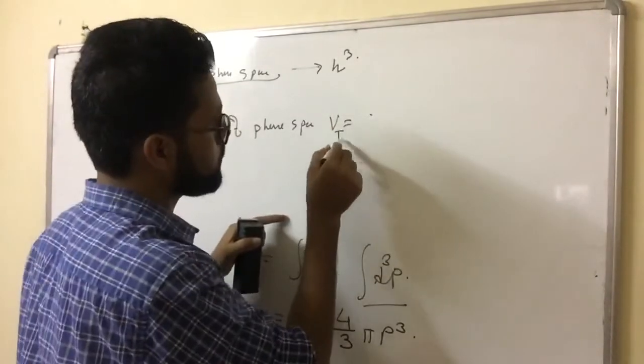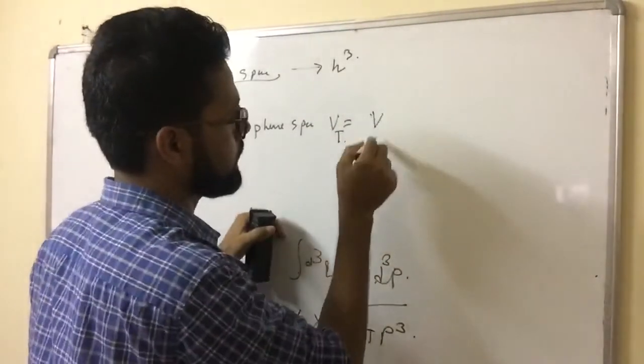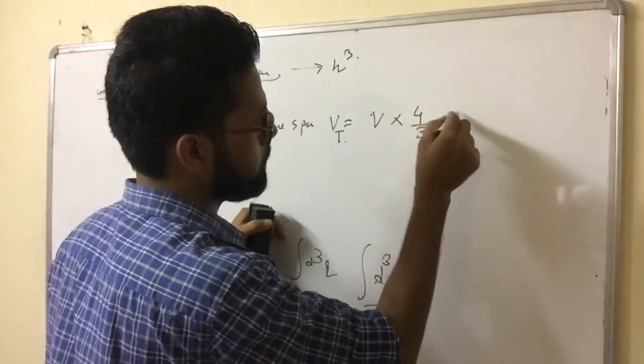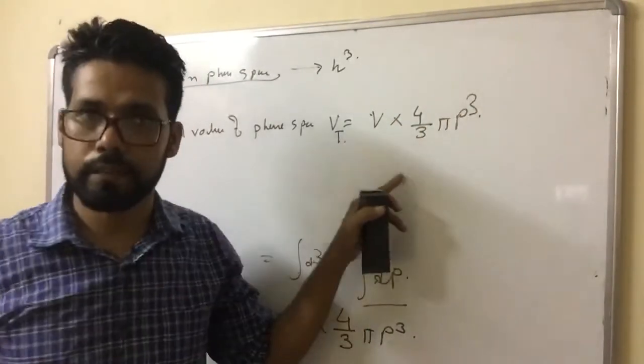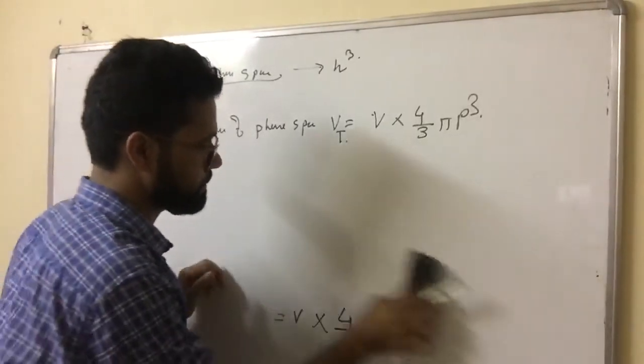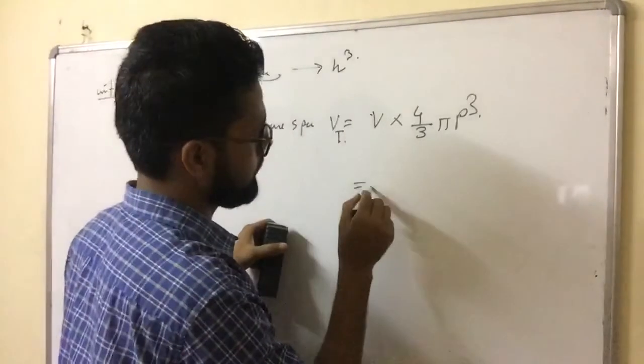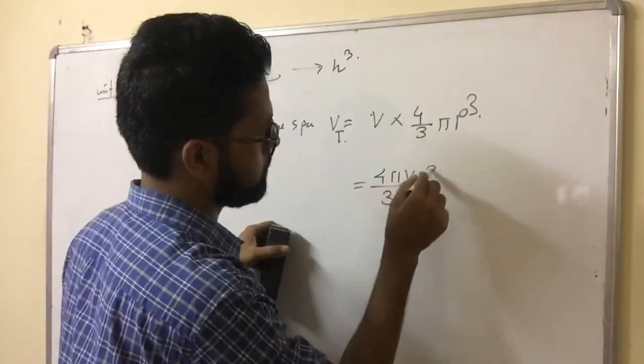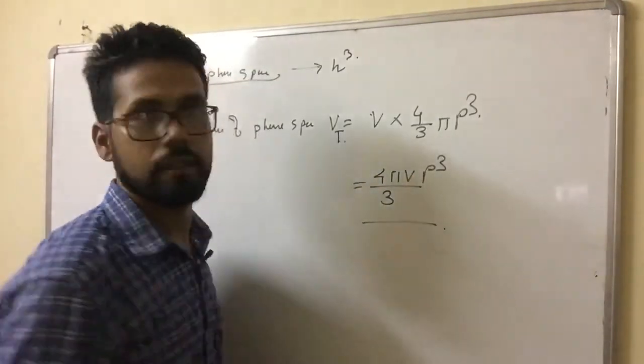If you are confused, write Vt. This is a rectangular volume into 4 pi by 3 P cube. This is the total volume of phase space.